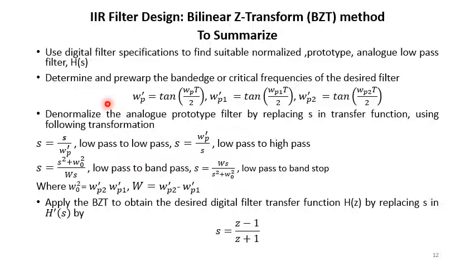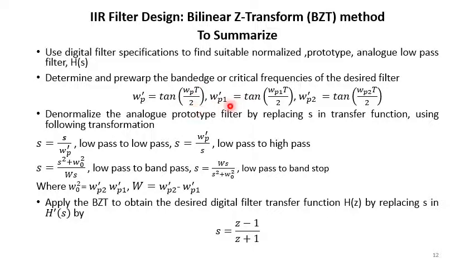That is the cutoff frequencies of the desired signal, using the definitions as shown here. The analog frequency will be equal to tangent of the digital frequency times the sampling period divided by 2.